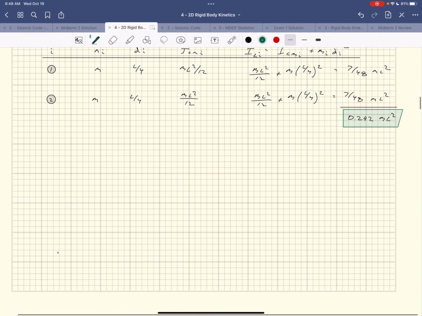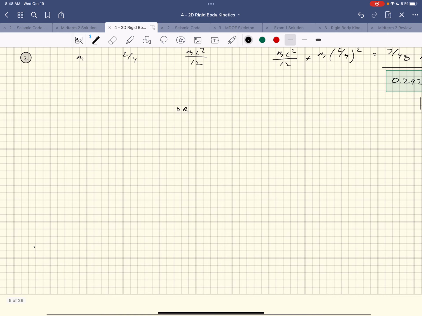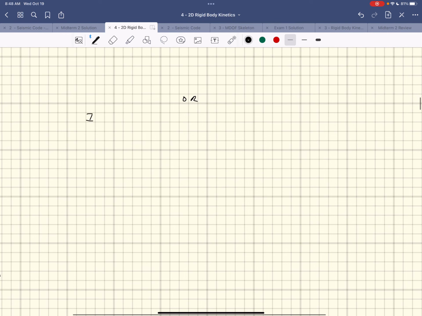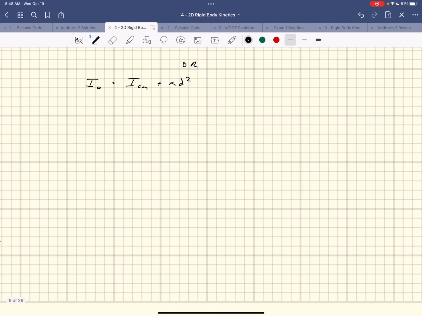You could also have done this for the second one. Just to complete our little discussion here, you could say I about O is equal to I center mass plus MD squared. And so you flip this thing around. You could say I center mass is equal to I_O minus MD squared.